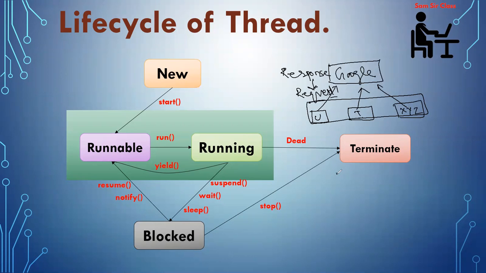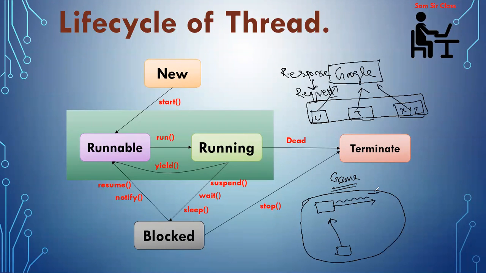The second example is for those who love to play games. Suppose one aeroplane is moving, and you are firing some bullet. Now in that particular game, one thread is required which will allow the aeroplane to move, and one thread is required which will allow the bullet to move. So you need to do multiple tasks simultaneously in a single process.